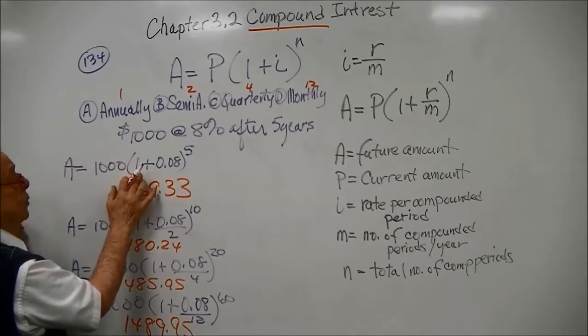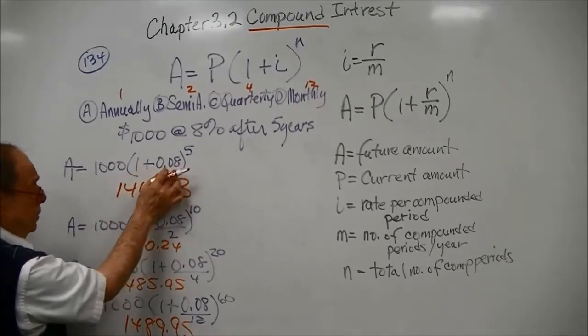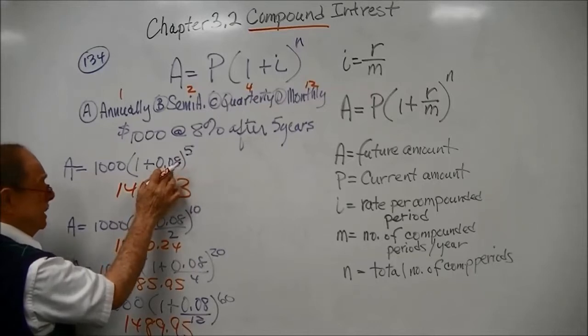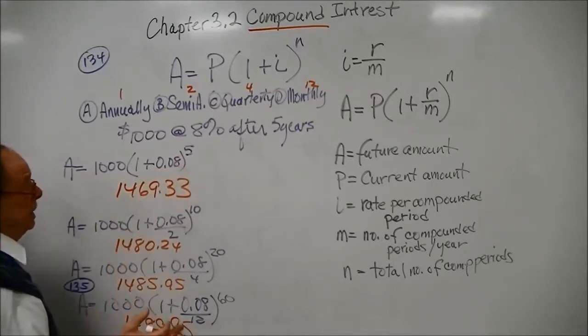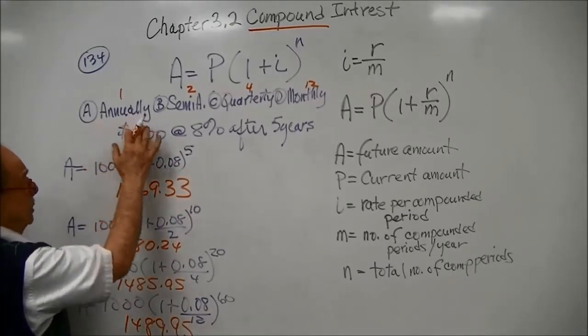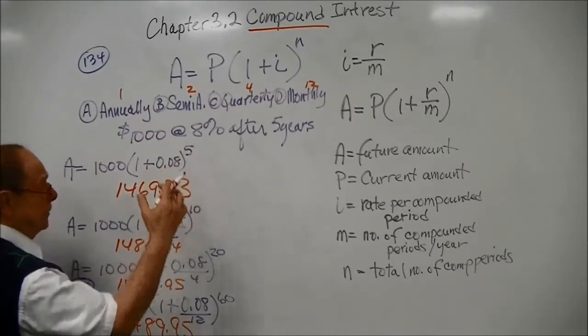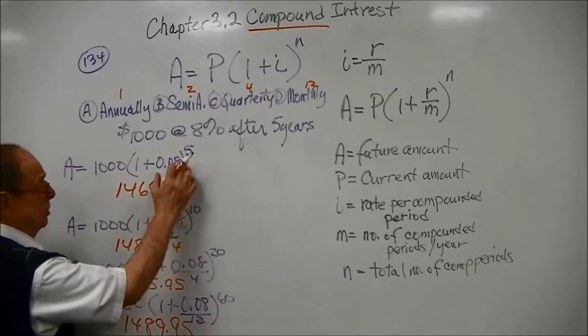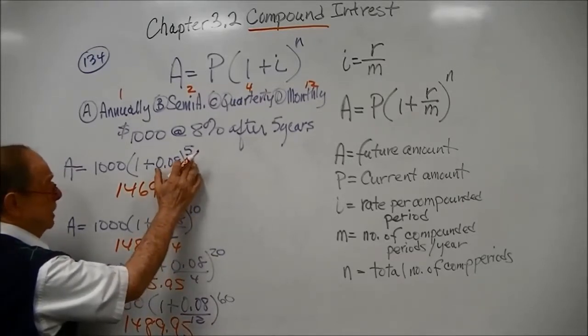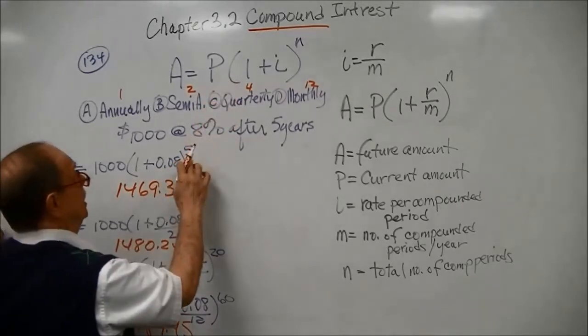In parentheses, the 1. And then we have 8%. It's only going to be compounded annually. And our period of compounds will be 5. That's what n will be.